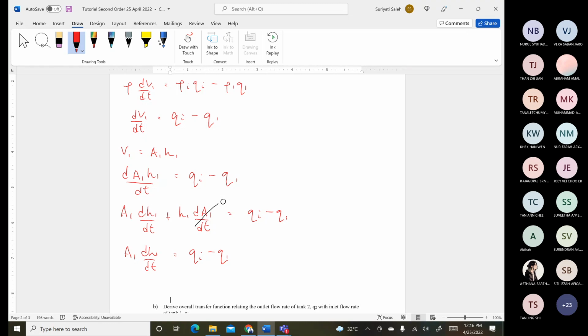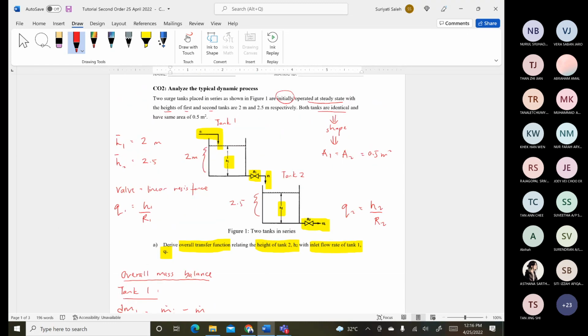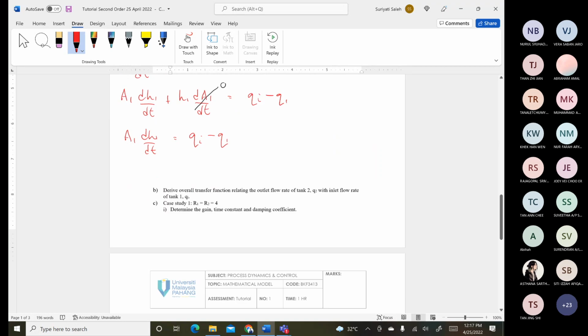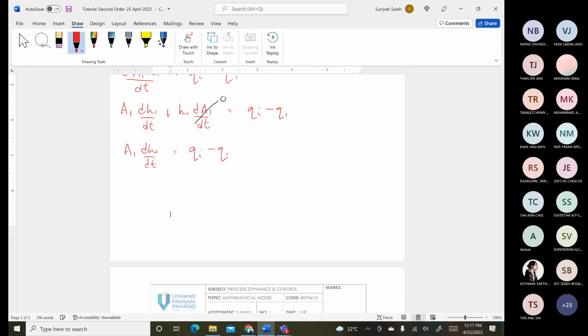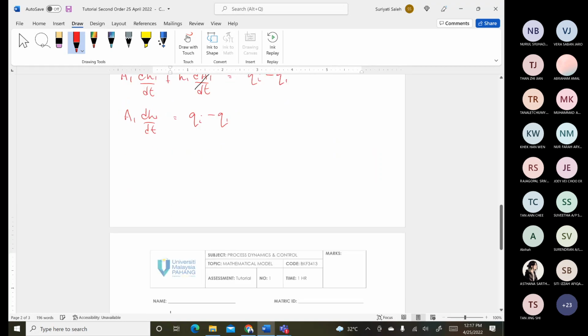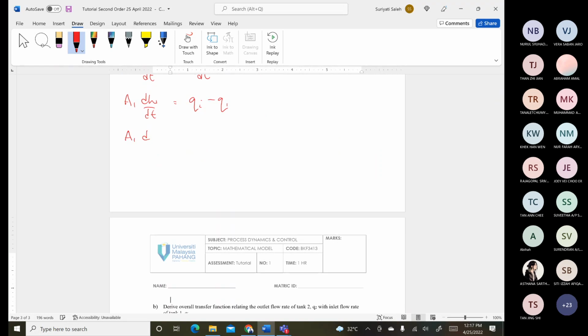For tank number 1, you have the resistance valve, where the valve resistance is given by Q1 equal to H1 over R1. Then we can further substitute into the equation, so this becomes A1 dH1/dt equal to Qi minus H1 over R1.